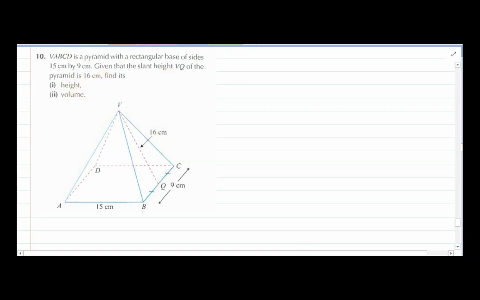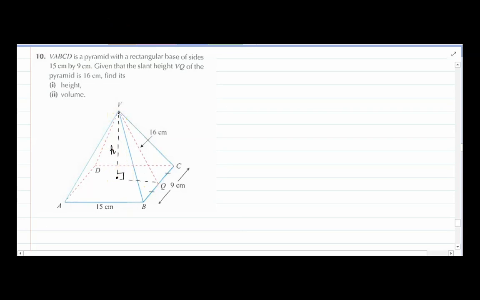Alright, first part, you need to find the height. Try it by yourself, and for just a startup, the height will be this one. This length here is your height, and you can see that is your right angle triangle.